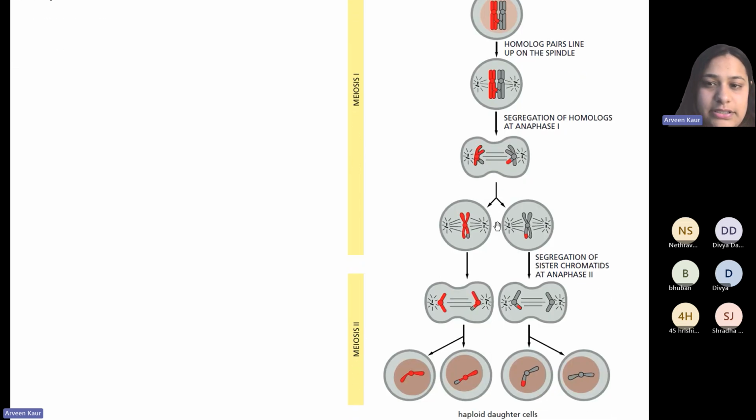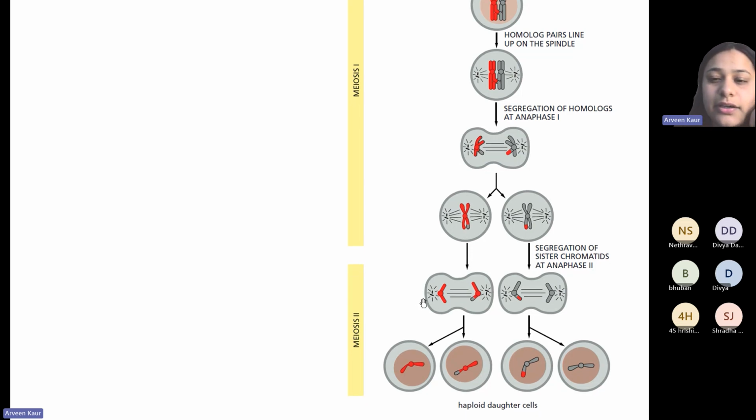Which is how it is different from mitosis. Then after that, a cell membrane will form around these separated ones. After that, meiosis 2 will occur, which is more like mitosis, except for the fact that at the beginning of mitosis we have a diploid number, while at the beginning of meiosis 2 we have a tetraploid.